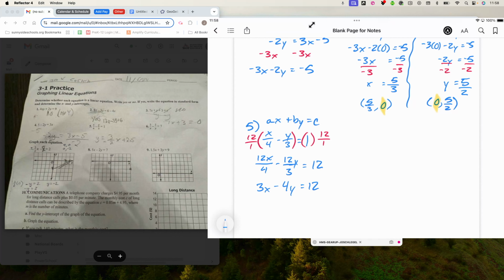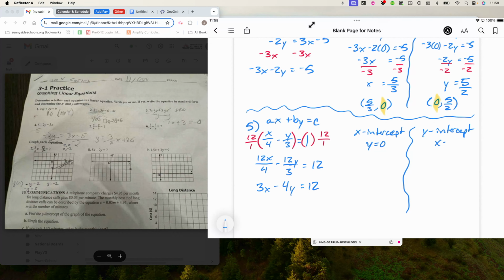So the work that we have to do at this point, we do have a linear function, is to find our x-intercept. That happens when y is 0. And our y-intercept. That happens when x is 0. So 3x minus 4y equals 12.